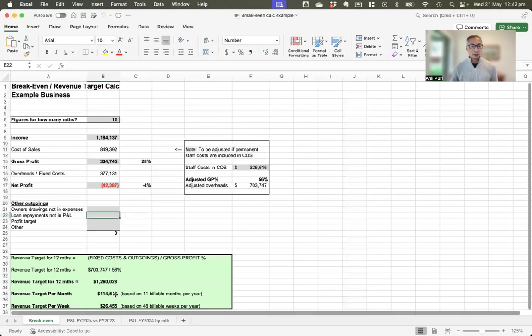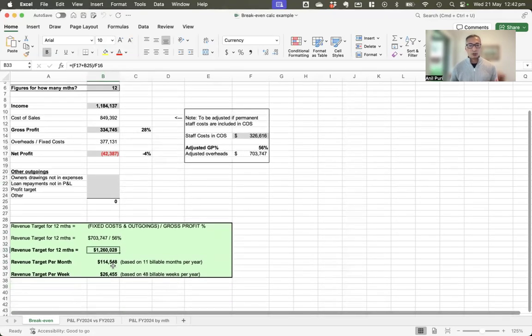For example, currently the revenue target for the 12 months in this example is 1.2 million. What I normally do, and what I recommend you do, is work that out based on only having 11 months billable or income generating in the year, because you're always going to lose time over Christmas, December, January. We all know we've just had April, which is a shocker for productive days because of Easter and Anzac Day and so on.